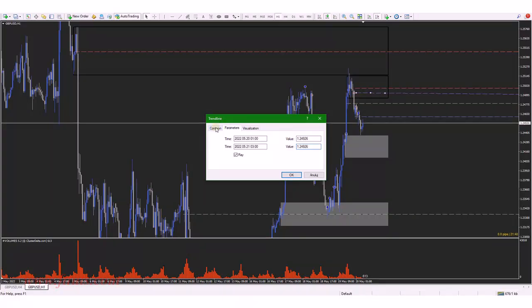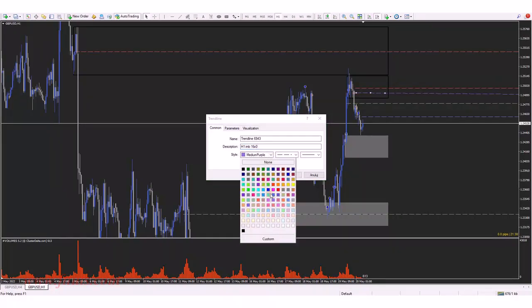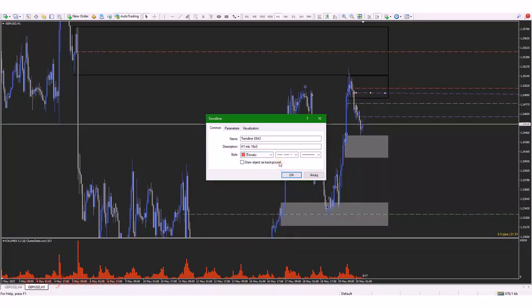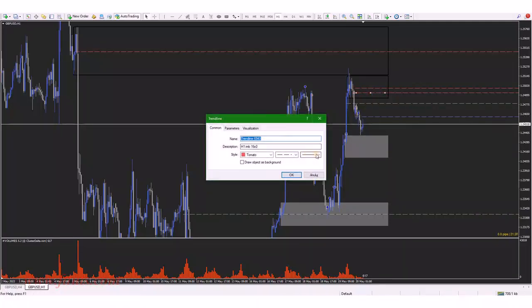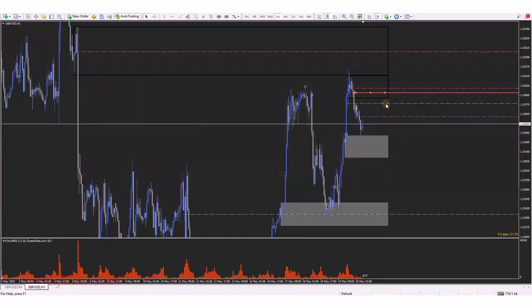Yeah, and here this is the H1 imbalance 16 to the 0, and let's make it like this, tomato. But as a line. Good.